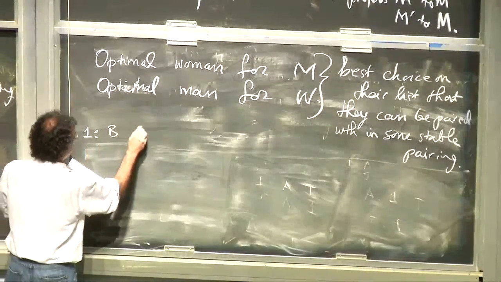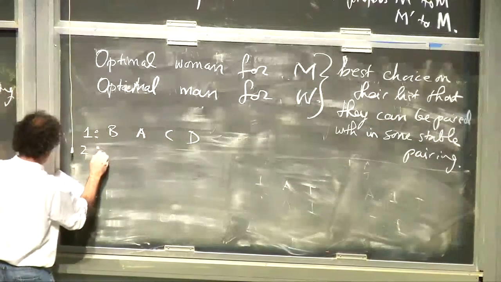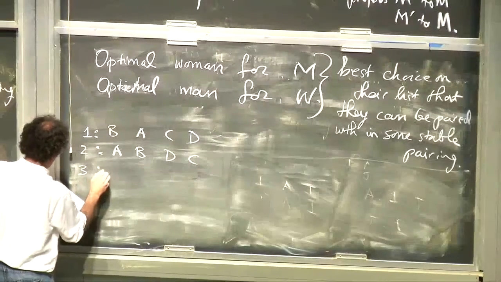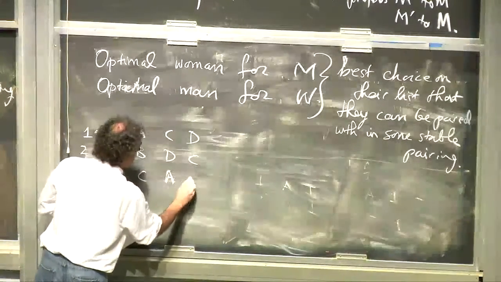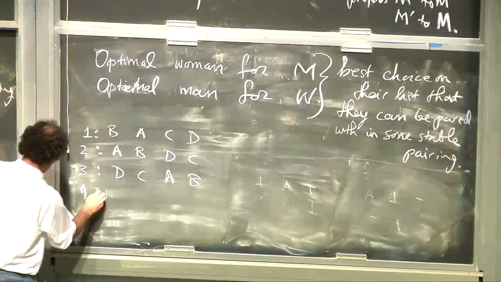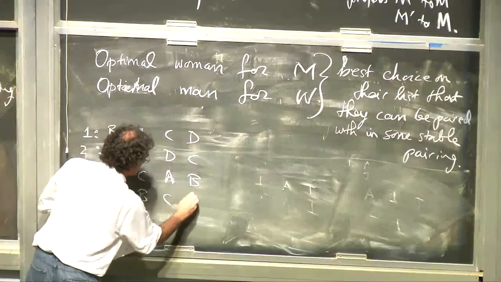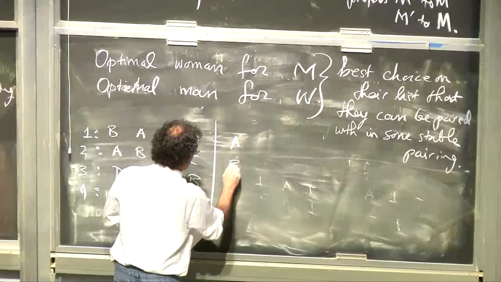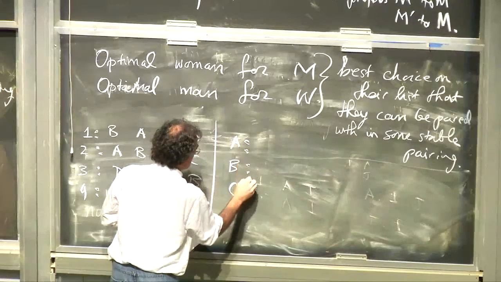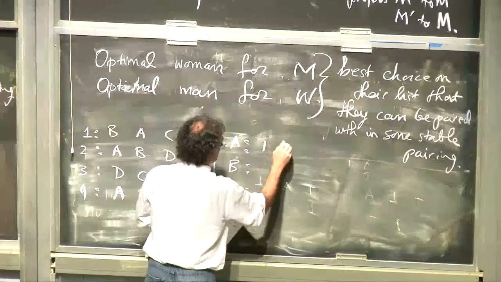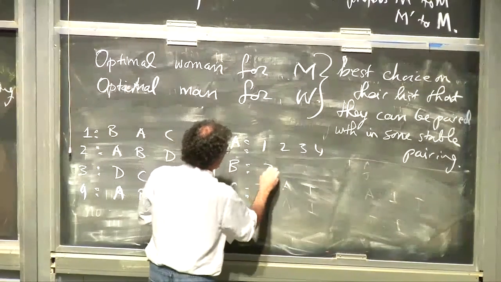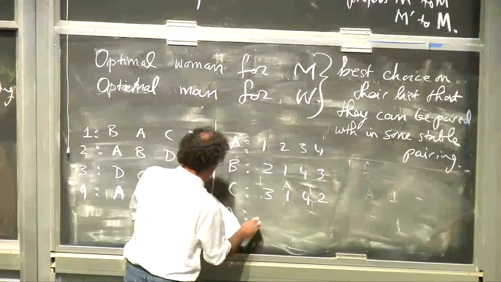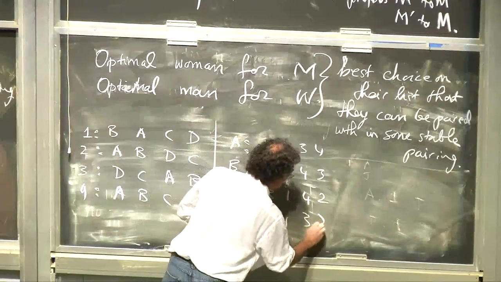You have 1: B, A, C, D; 2: A, B, D, C; 3: D, C, A, B; and 4: A, B, C, D. And then you have A: 1, 2, 3, 4; B: 2, 1, 4, 3; C: 3, 1, 4, 2; and D: 1, 4, 3, 2.